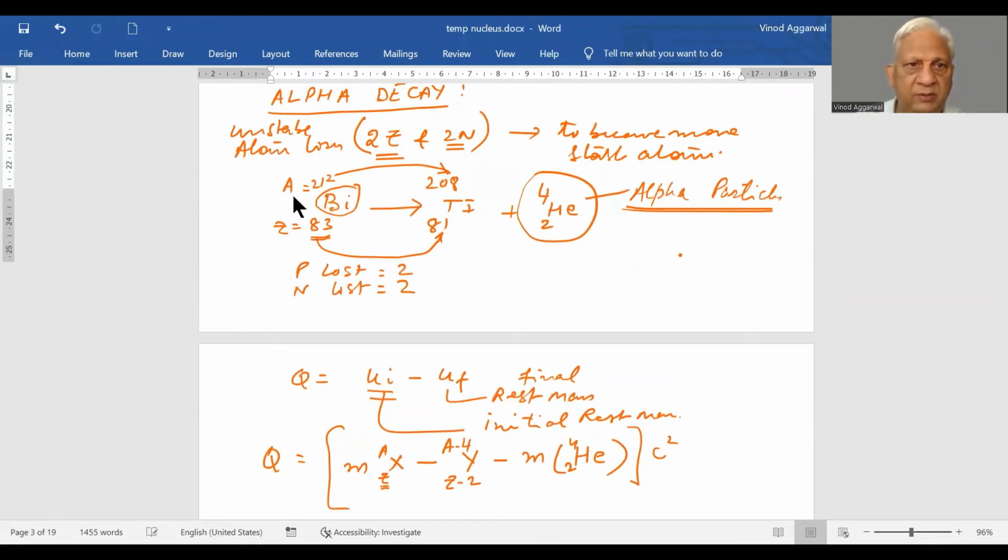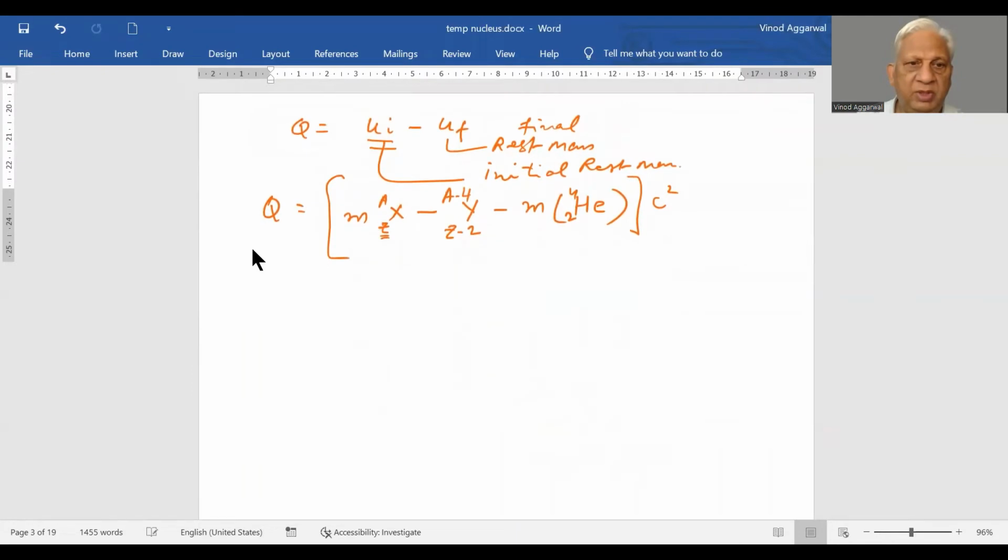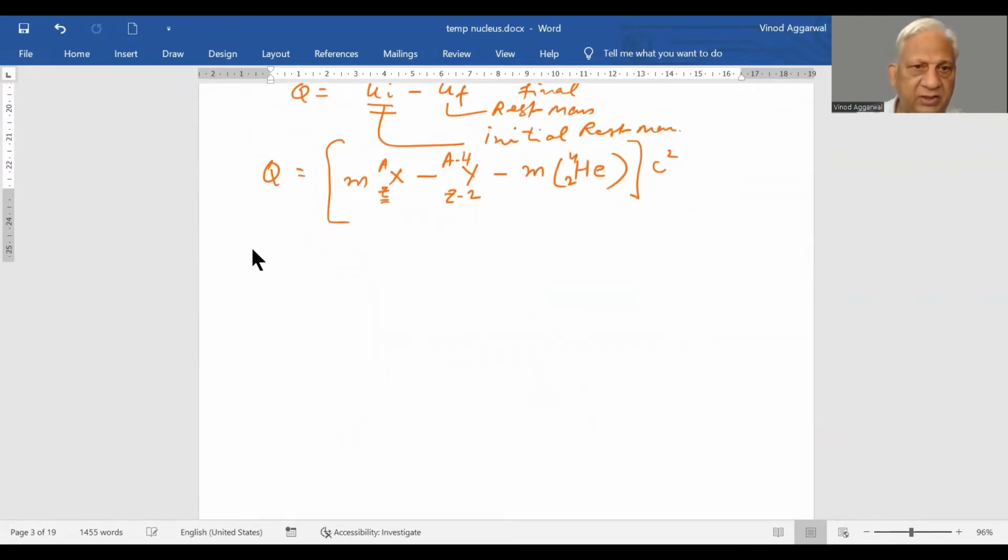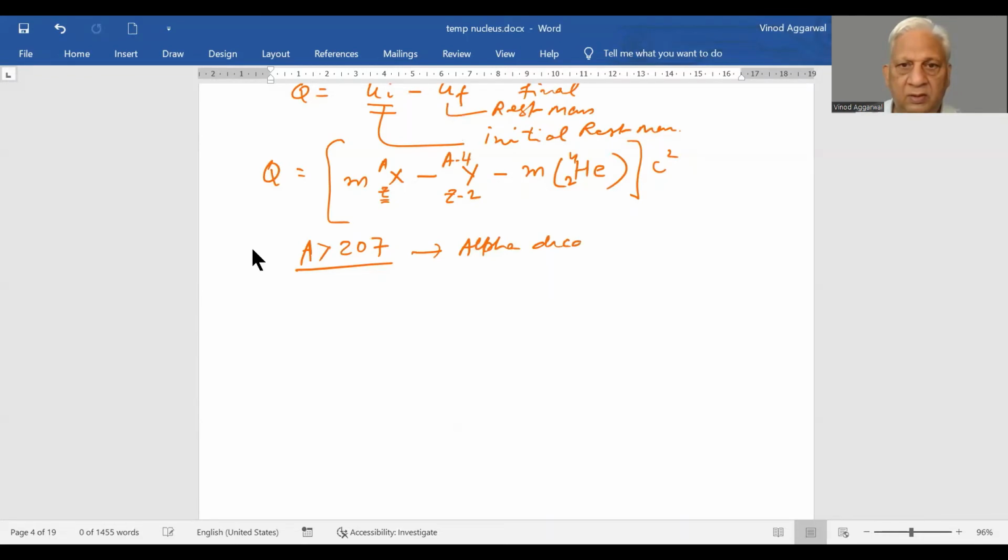It happened because atoms with heavier A, with more A, meaning the bigger the atom is, the more it tends to be unstable. So normally if A is greater than 207 approximately, the alpha decay takes place all the time.